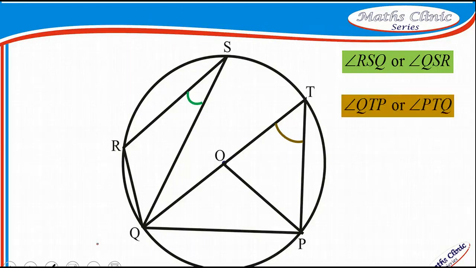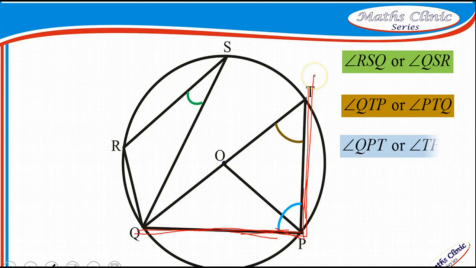QTP or PTQ. Be careful with this one. It exists between two lines, the line here and that. So this line is QP and this line is PT. So I'm going to say QP then T. Good. So QPT or TPQ.